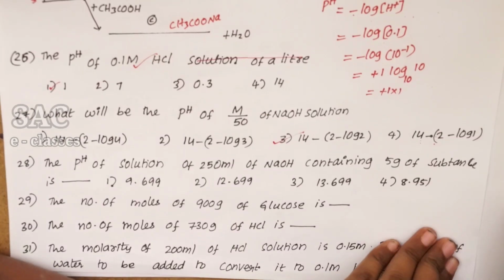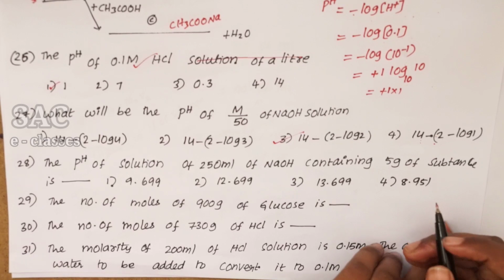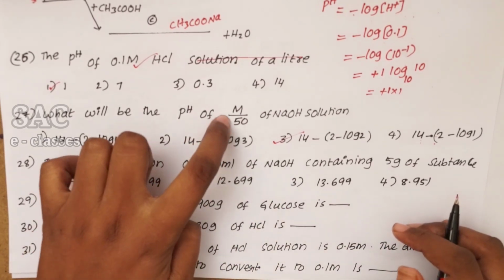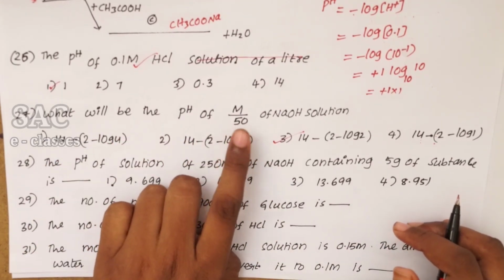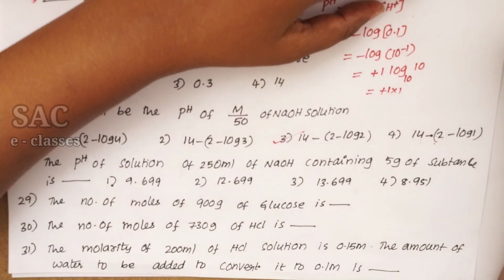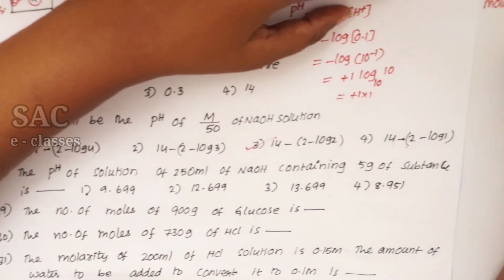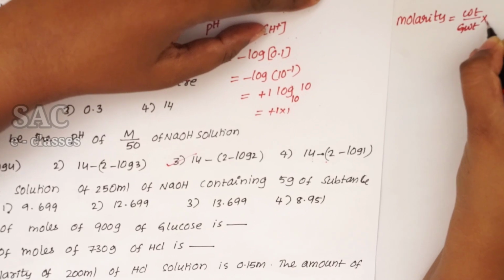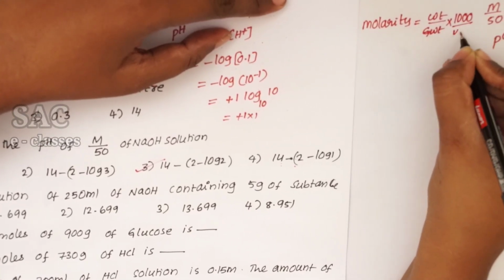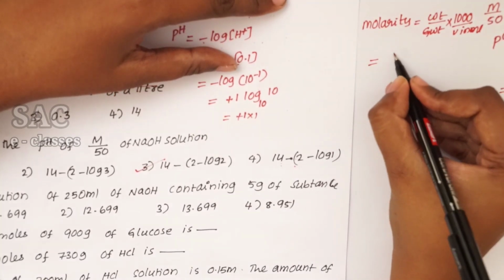Look at problem number 28. The pH of the solution of 250 ml of NaOH containing 5 grams of substance. Like the previous problem, we don't have the strength of this particular substance, so find out the molarity. Molarity of any substance is weight by gram molecular weight into 1000 by volume in milliliters. The weight is 5 grams.